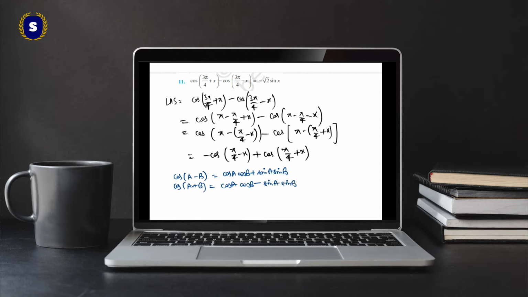So using these identities, I'll get LHS as minus common, cos a cos b plus sin a sin b, and the other, I'll get cos a cos b minus sin a sin b.